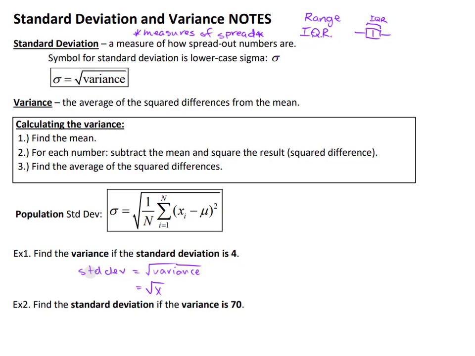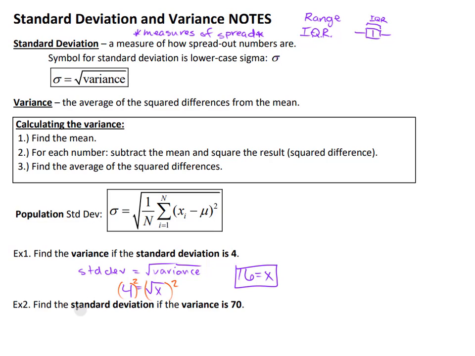If our standard deviation is 4, what number would they have had to take the square root of to get 4? You might be able to figure that out in your head, or of course math-wise, to get rid of that square root, we can square both sides of our equation, and we end up with 16 as our variance.